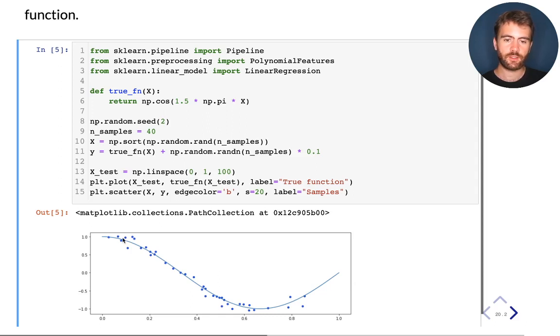And then I'm going to sample a lot of random points. So here I'm sampling 40 random points around this curve, and I visualize them in blue. And the goal here is to try to learn the shape of this true function only from these noisy blue samples.